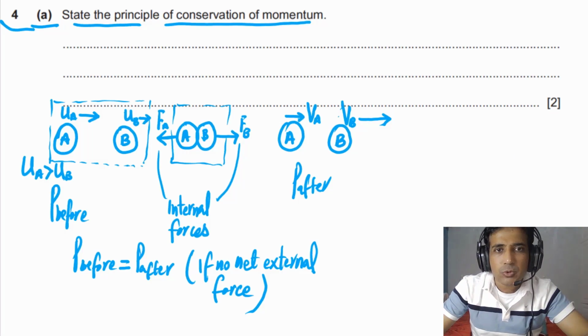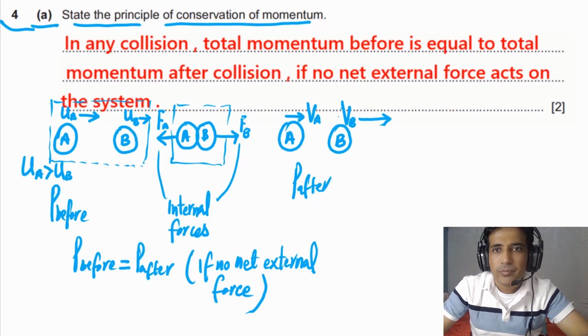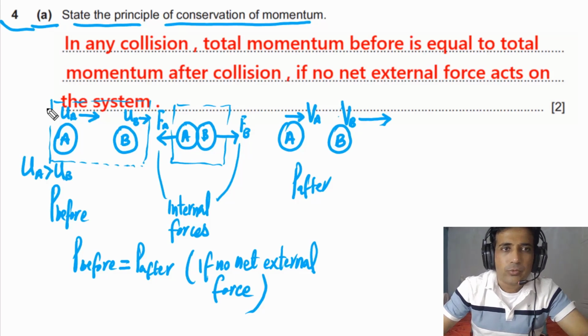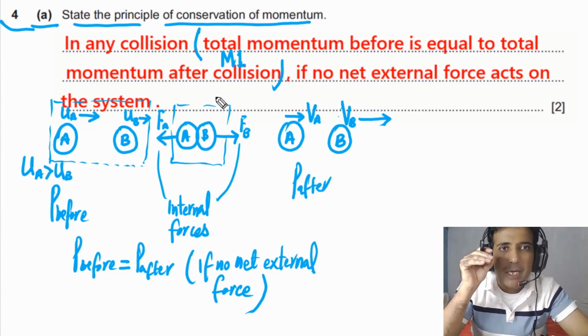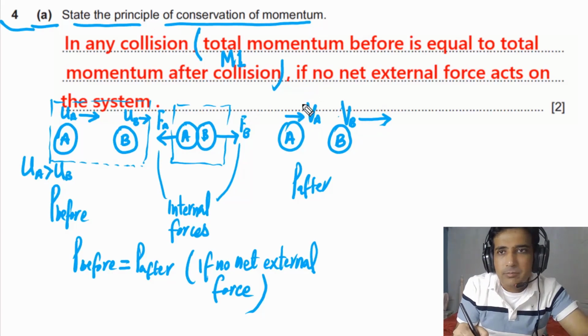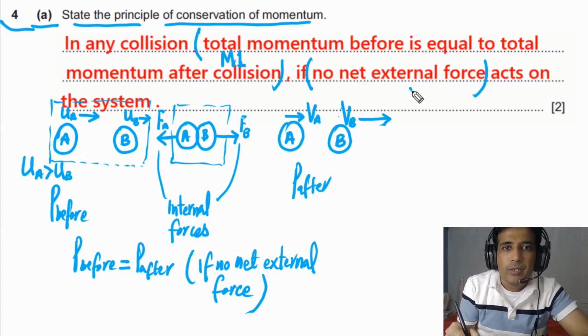Let me show you how you can write down a proper answer. In your answer, if you have mentioned total momentum before is equal to total momentum after, you will get 1 mark, and this is the M mark, meaning it has to be in your answer. And the second mark is the A mark: if you have mentioned no external force acts on the system, you will get the A mark.